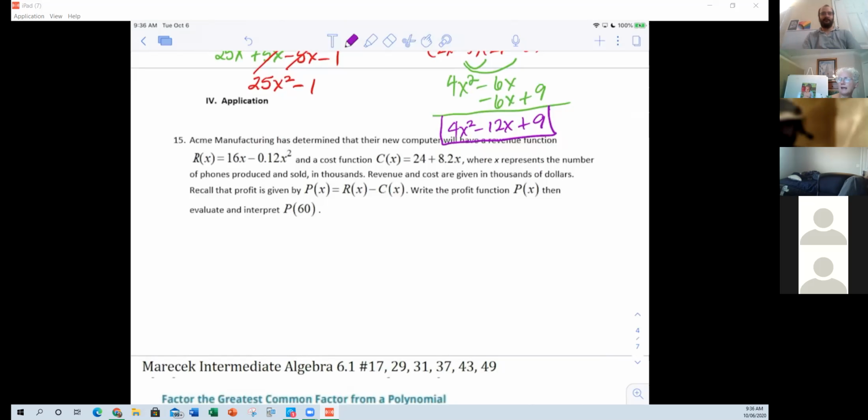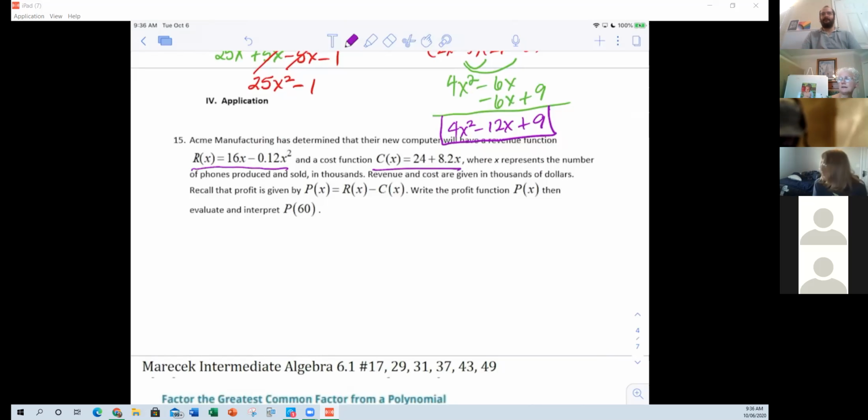So this one says the Acme manufacturing has determined that their new computer will have a revenue function of R of x equals 16x minus 0.12x squared and a cost function of 24 plus 8.2x. So if you think about this, the revenue is the amount of money that's coming in, that they're taking in on these computers.